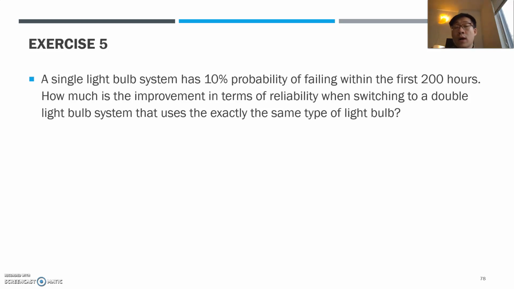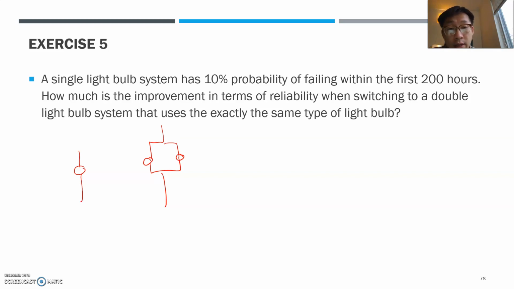There are many things you can do with this description. First, let's focus on what it is asking. There is the single light bulb system, like this, and then a parallel system this is referring to. Basically it is asking what is the difference in terms of reliability between these two systems.